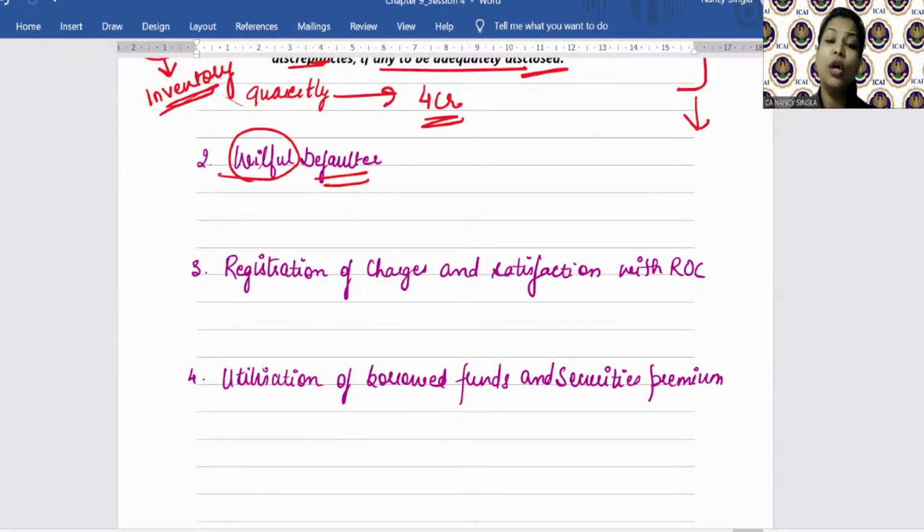With respect to willful defaulter: if the company is a willful defaulter, what is the additional regulatory information that the company should give?